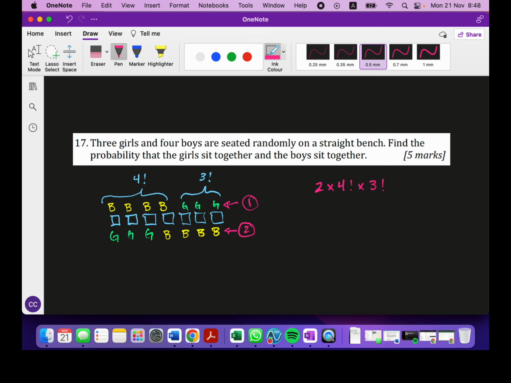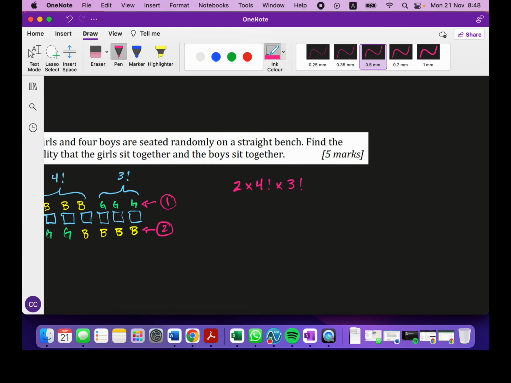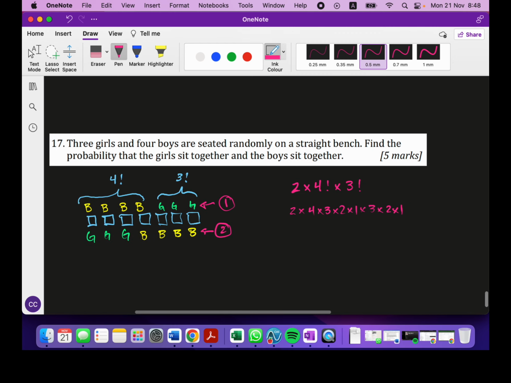Or I could write this, these are the number of possible different ways that this could happen, which would be 2 times 4 times 3 times 2 times 1 times 3 times 2 times 1. Got all of that. And then find the probability that the girls sit together and boys sit together.